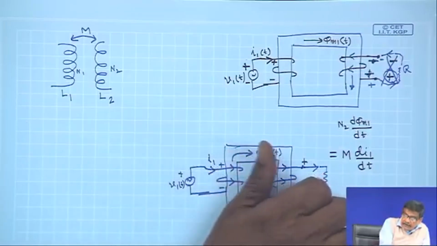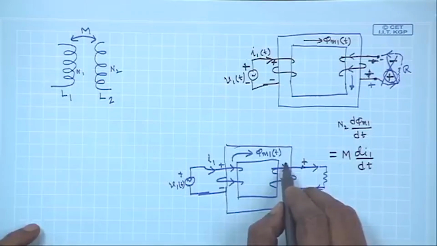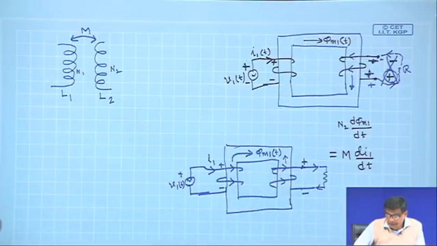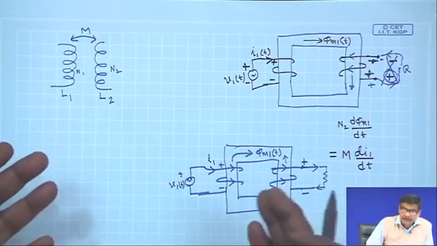Similarly here this will be the direction of the secondary flux, and we find, oh, this is fine, because the secondary flux now tries to oppose the primary flux which was growing in the clockwise direction.